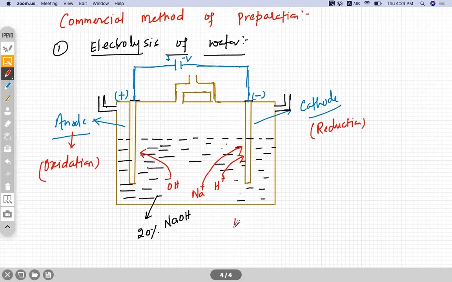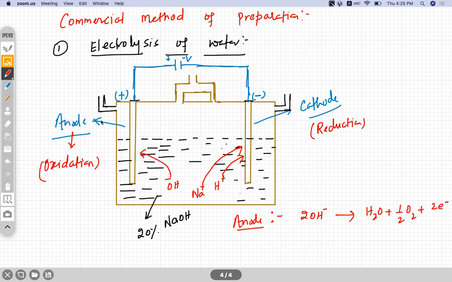Since we get OH minus from water, the reaction at anode is 2OH minus converts into H2O plus half of O2 plus 2 electrons. This is the half reaction, like we did in redox reactions.